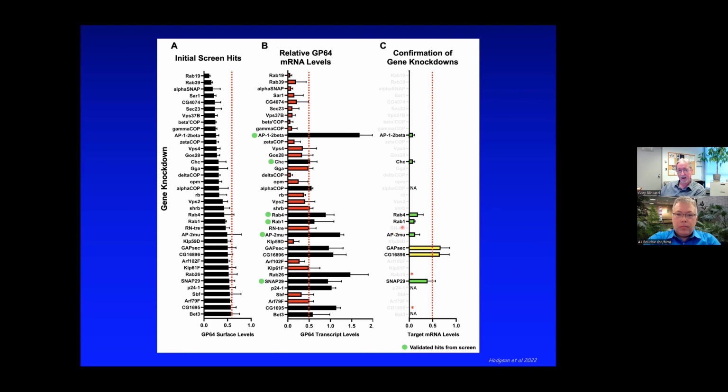In Drosophila there are 29 of these Rab genes, and they each have very specific functions. So by identifying the ones that cause this effect, we can narrow down where the pathway of movement of this protein is in the cell.